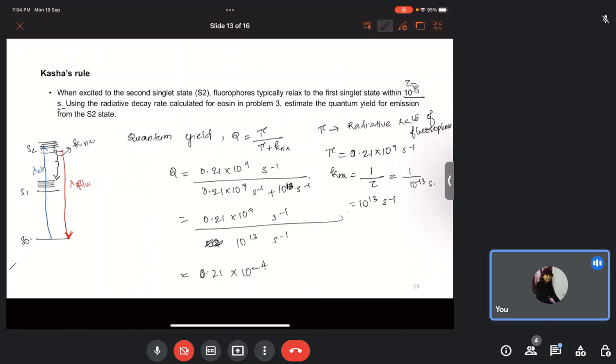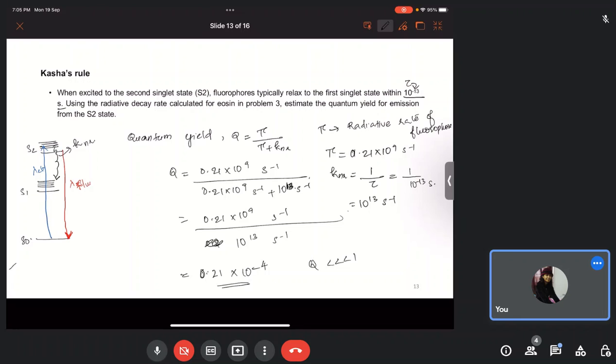So you can see that the quantum yield for the fluorescence emission from the second excited state is very much less than 1. So that's why we don't typically observe fluorescence emission from the second excited state, and this forms the basis for Kasha's rule.